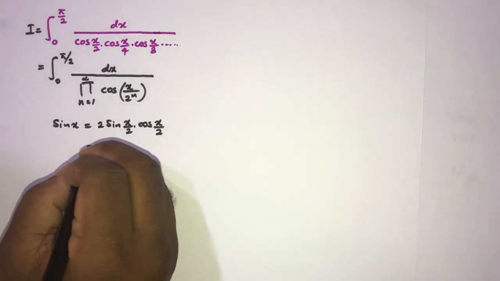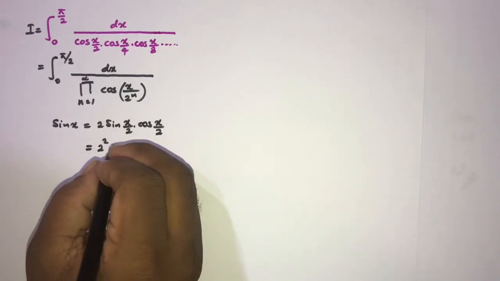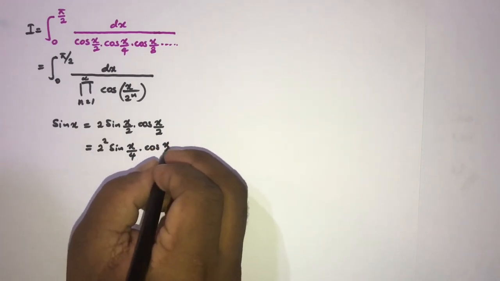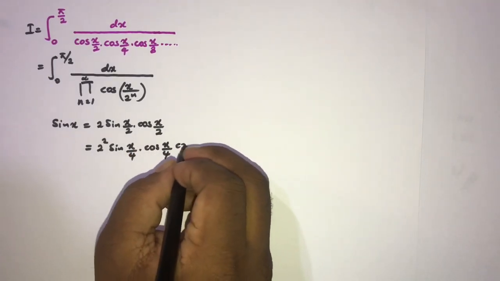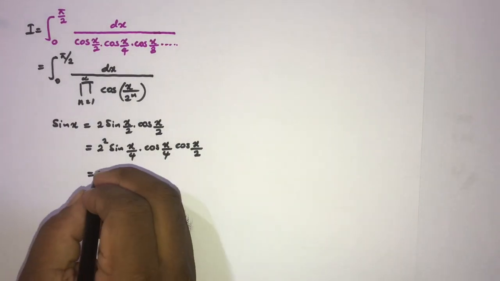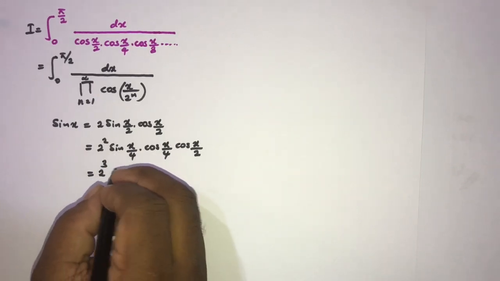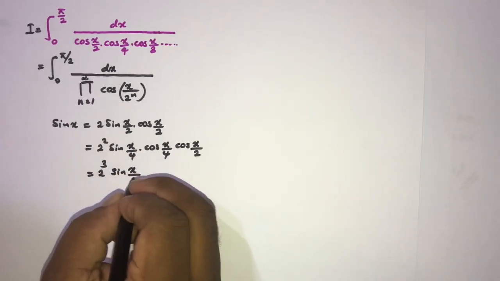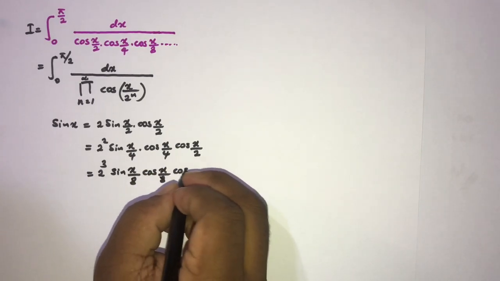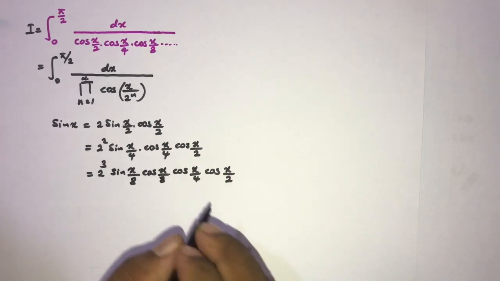Now I am going to use the double angle formula again for sine of x over 2. So we get 2 squared sine of x over 4 cosine of x over 4, times cosine of x over 2. Then if we use the double angle formula again, we get sine of x over 8 cosine of x over 8 cosine of x over 4 cosine of x over 2.